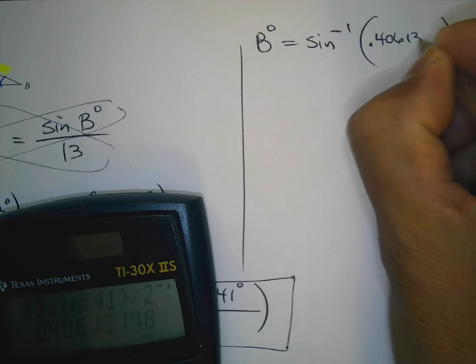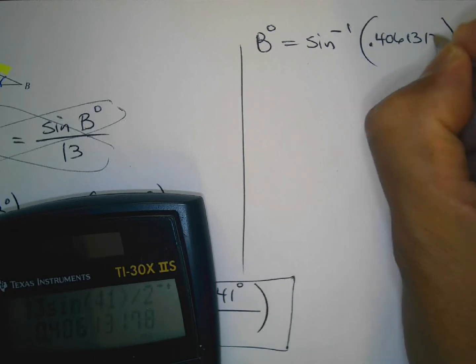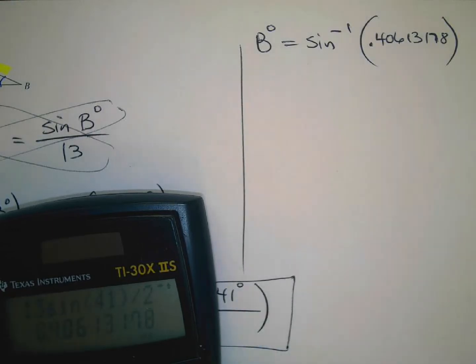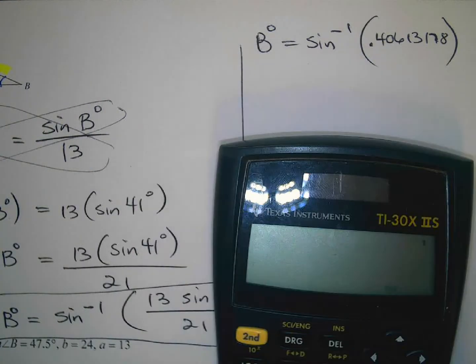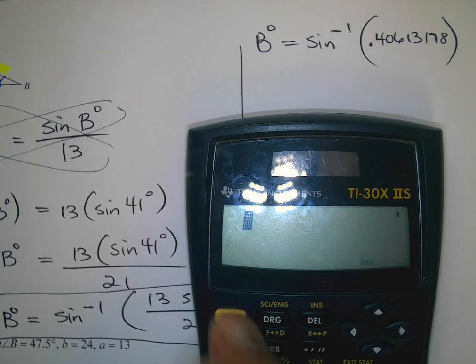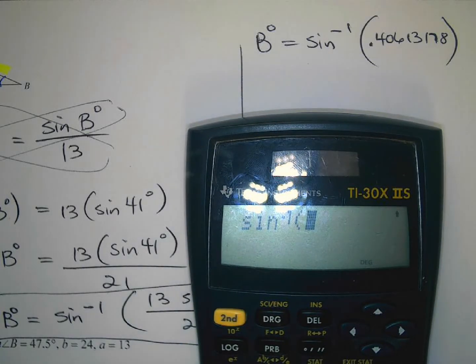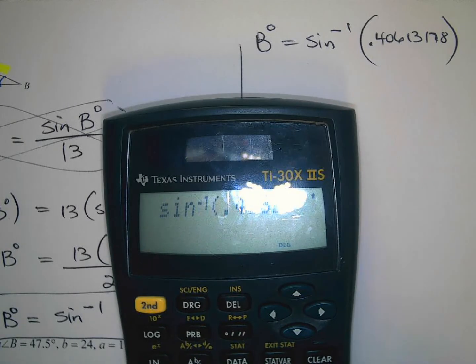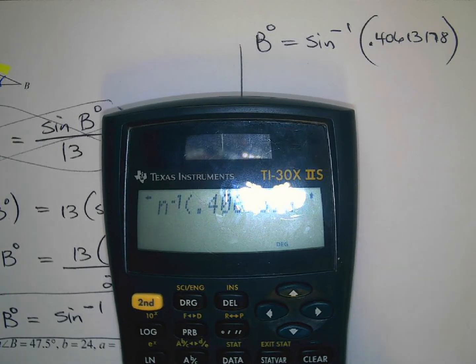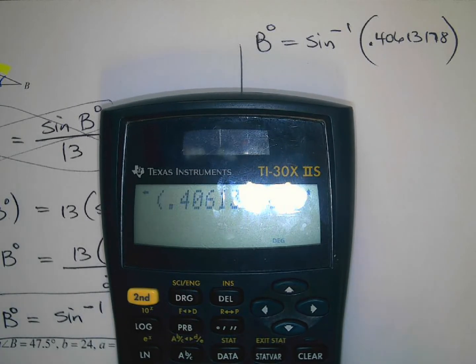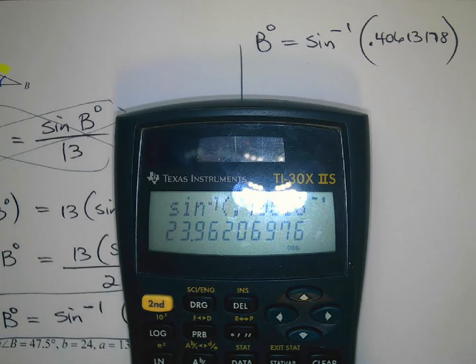And don't round off too much. Now I do the sine inverse of that. 0.40613178. I get 23.96. It's almost 24 degrees.